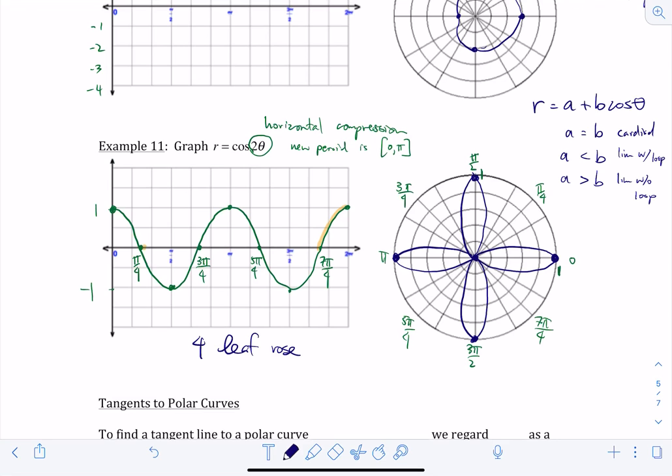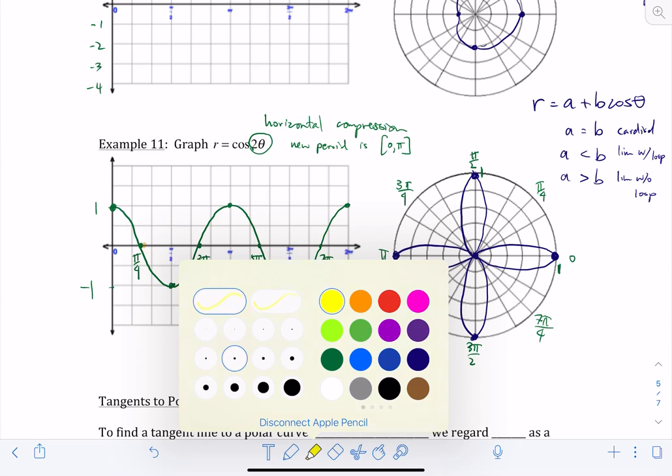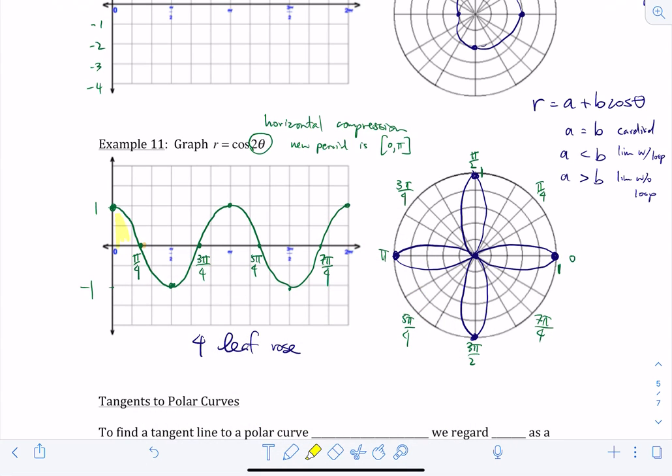Okay. I'm making a video. So you can kind of see the parts that go behind yourself, right? Sometimes I do this where I'll shade some stuff. So if you think of this area as forming one leaf, that's like this leaf right here.